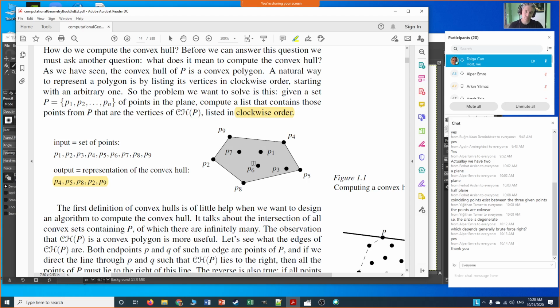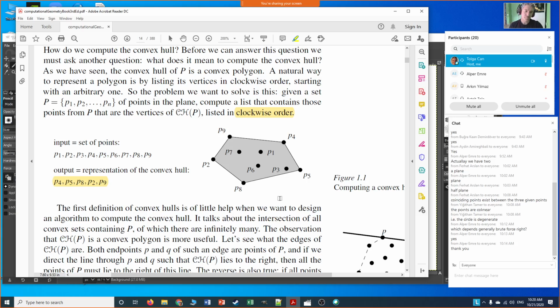P10 is also an extreme point in this direction too, but if there are points inside the edge like this, they are collinear, we are going to report only the points that are at the ends of this edge. Handling this degeneracy, we will come to that later. First, think about a case where we don't have any degeneracies.